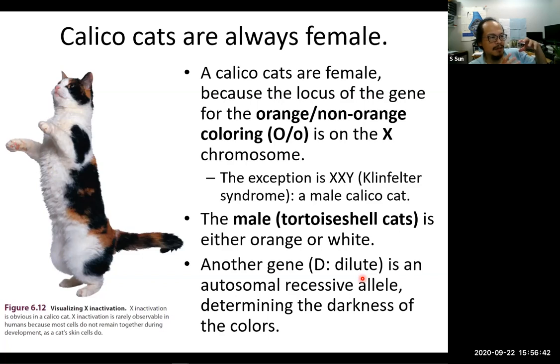If it's a male, it is called a tortoiseshell cat. And that male will have either pure white or pure orange or dark orange, like the chocolate color. So that's that.